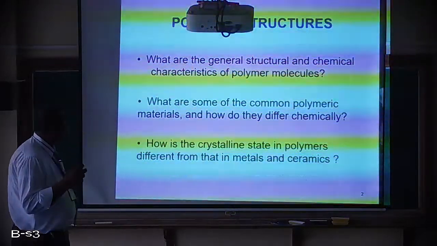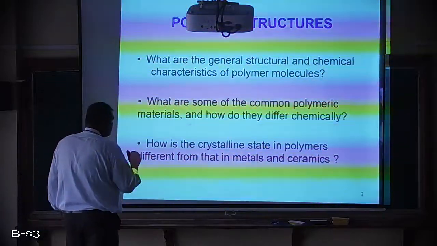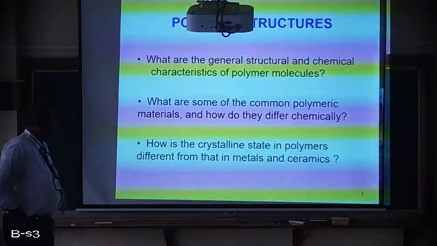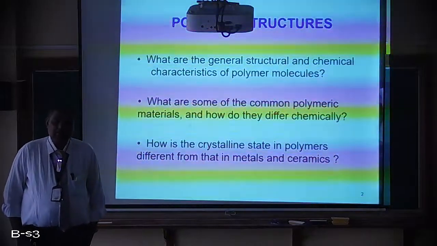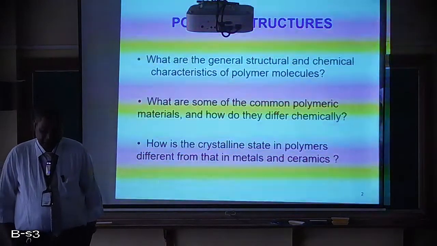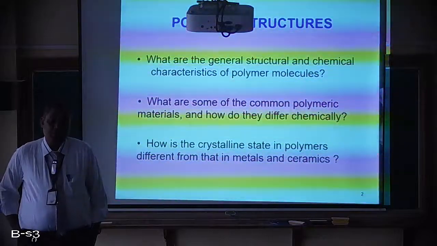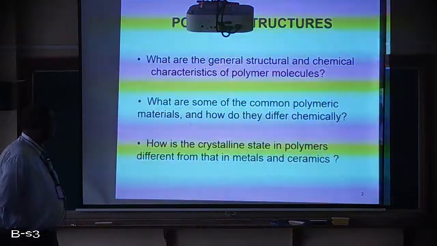What are some of the common polymeric materials and how do they differ chemically? We are going to see what process changes each polymer chemically.